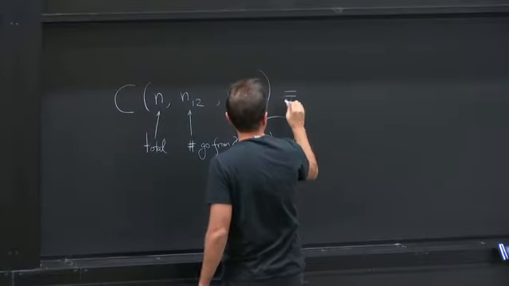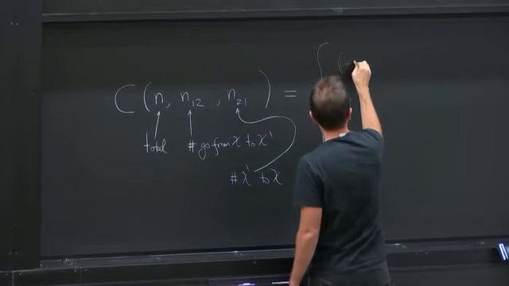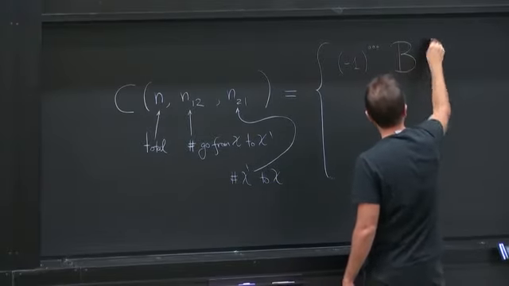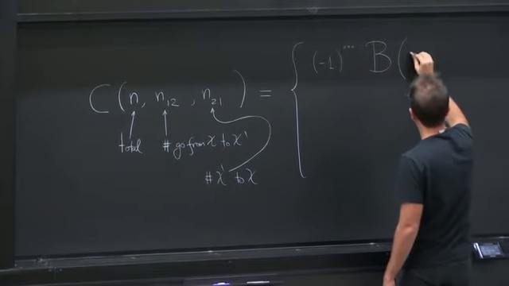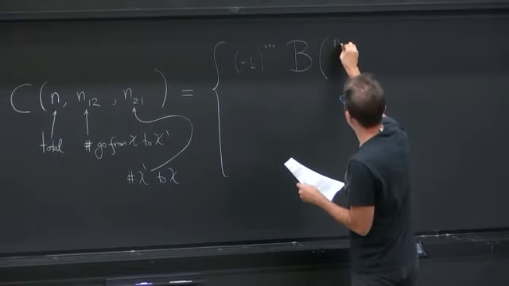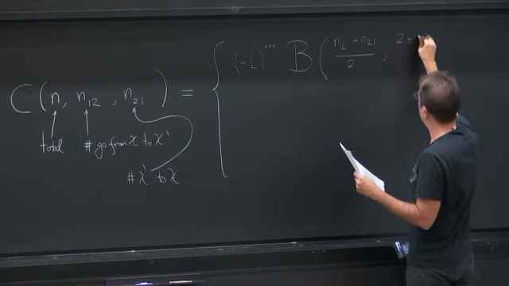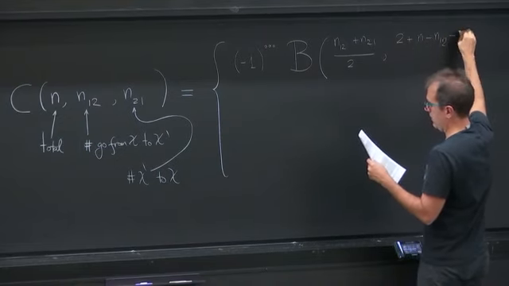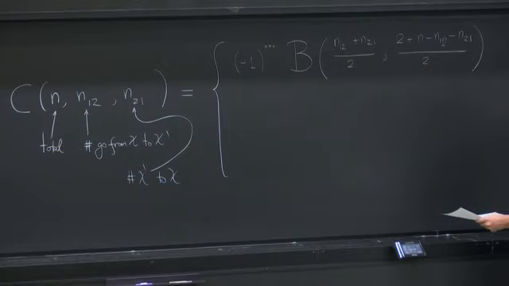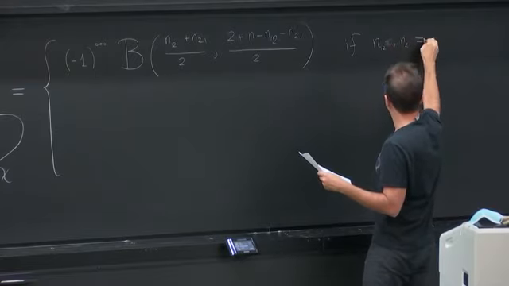And this result that encodes any possible state is just equal to a (-1) factor, a boring sign I'm not going to write here in detail, times the beta function of (n_12 + n_21)/2 and (2 + n - n_12 - n_21)/2, if n_12 and n_21 are not equal to 0.